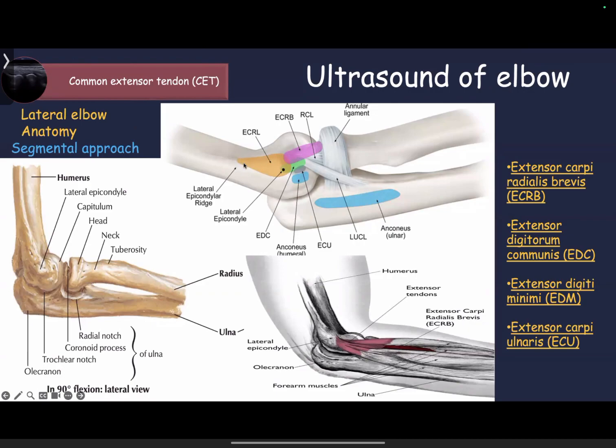This bulky footprint is of the extensor carpi radialis longus, and just inferior, or caudal, to this we have the extensor tendons: extensor carpi radialis brevis, then extensor digitorum communis, extensor digiti minimi, and extensor carpi ulnaris.